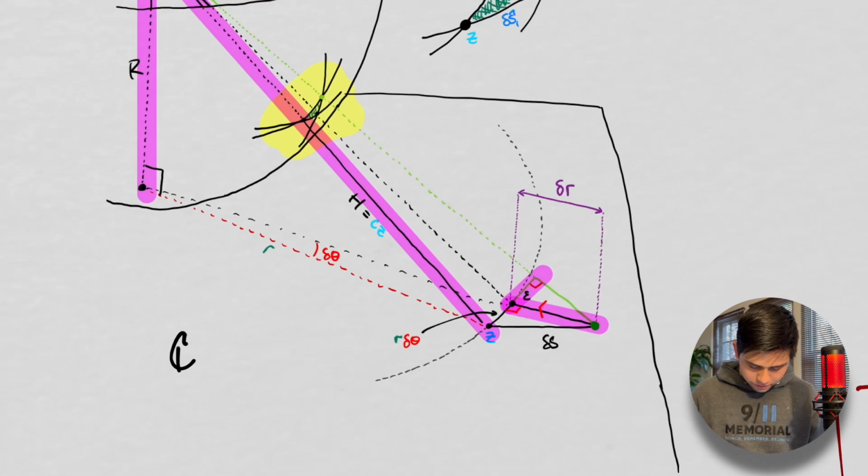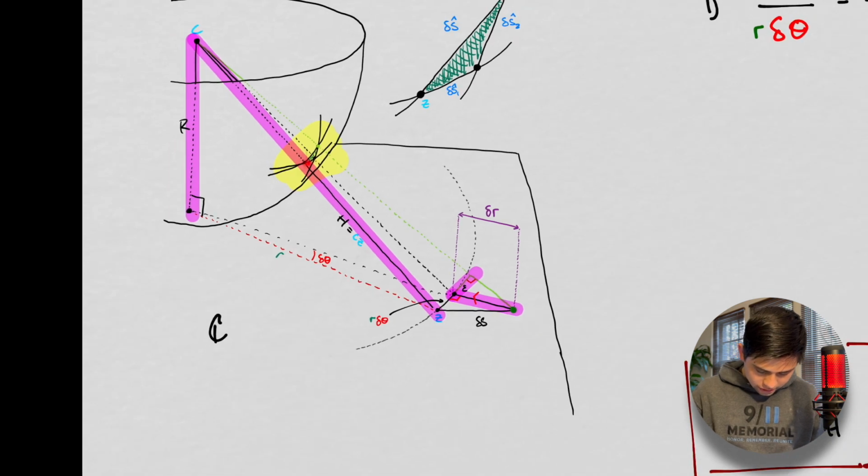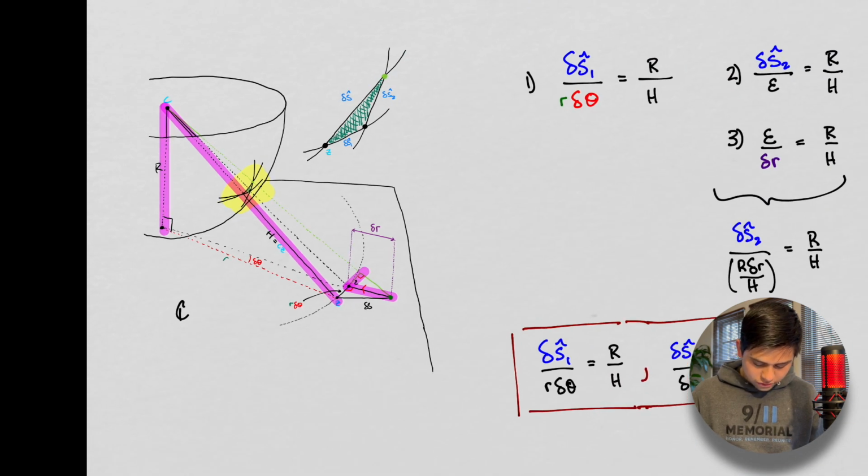Okay. So this distance delta S1 hat corresponds to this distance here, and this distance here is R delta theta. And that's going to equal R over H, where R is this distance, the height of this, or the radius, say, of the sphere.